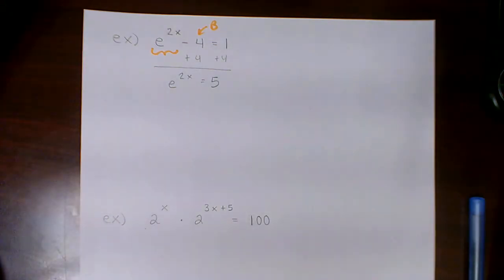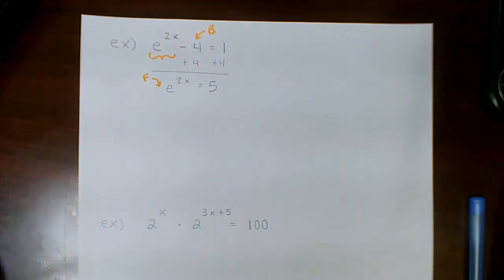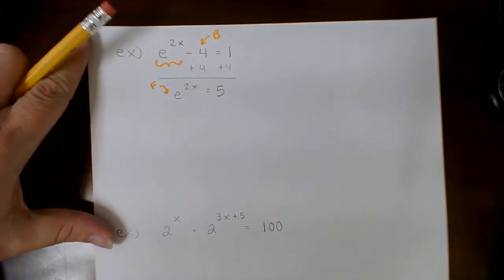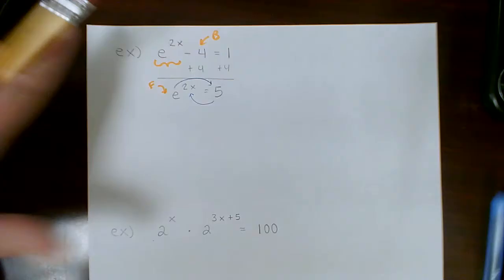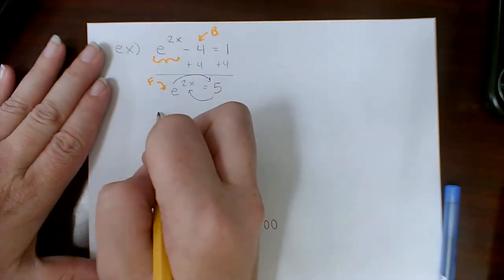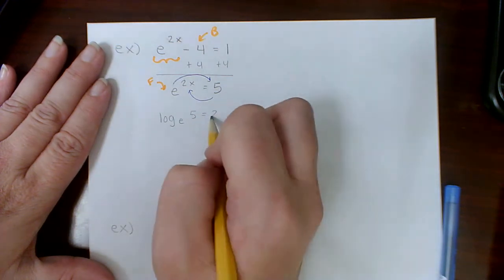I check to see if I have a front number. Remember, the e does not count as a front. There has to be another number in front, and there is not. So I can move on to step 3, which is change. I will get my arrows ready. Remember that we are turning it into log form, so I write down log, and then I can rearrange my numbers.